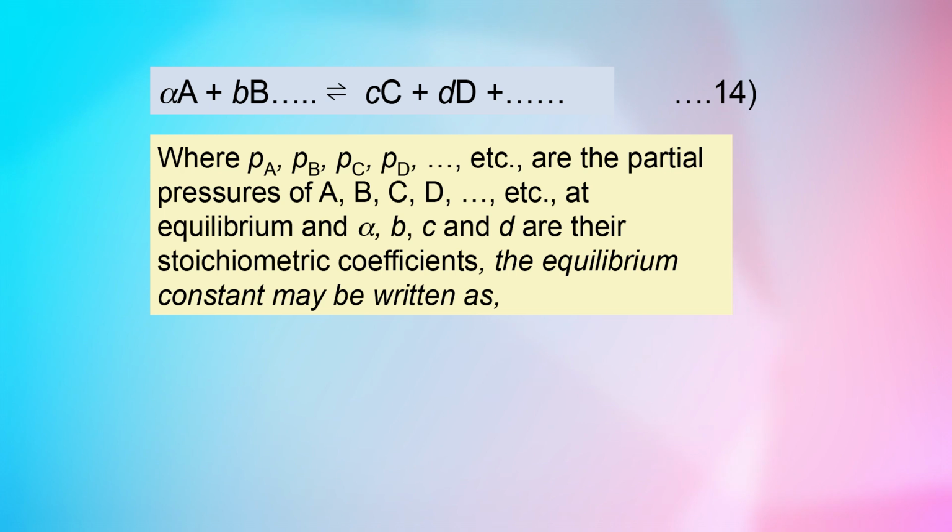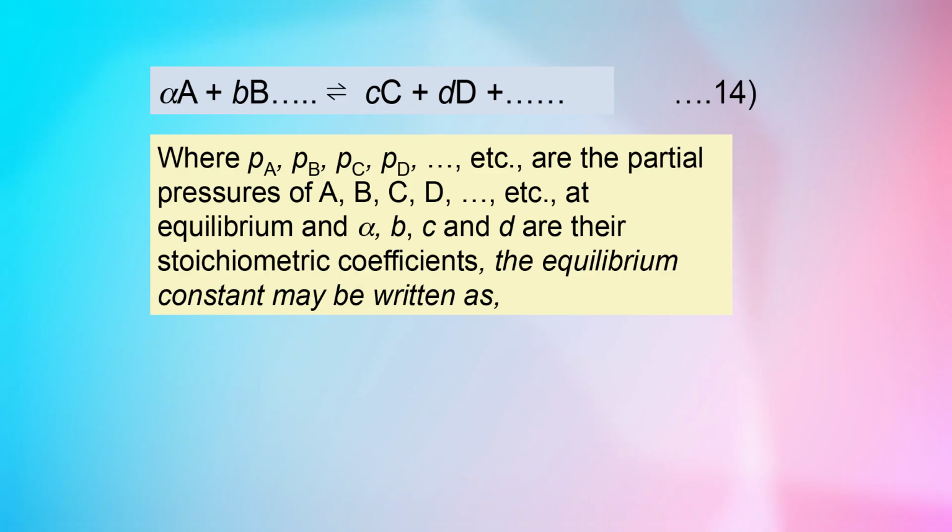What are they? We have done in the previous sessions. Do recapitulate from there. And we have used alpha, B, C, D. Why have we used alpha? Because generally for small a, we denote activity. Now, here Pa, Pb, Pc, Pd are the partial pressures of A, B, C, D.